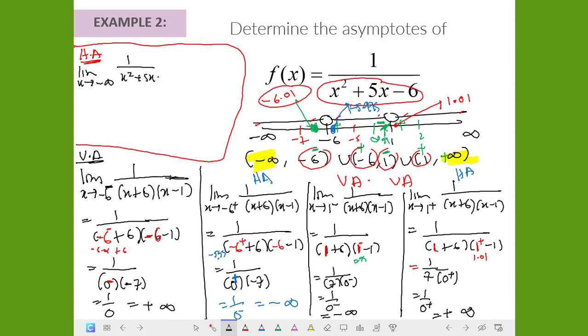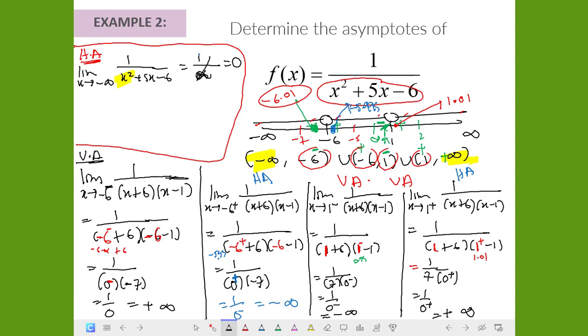I need to factorize and substitute 1 over, concentrate on this one, infinity positive. 1 over positive infinity is equal to 0.